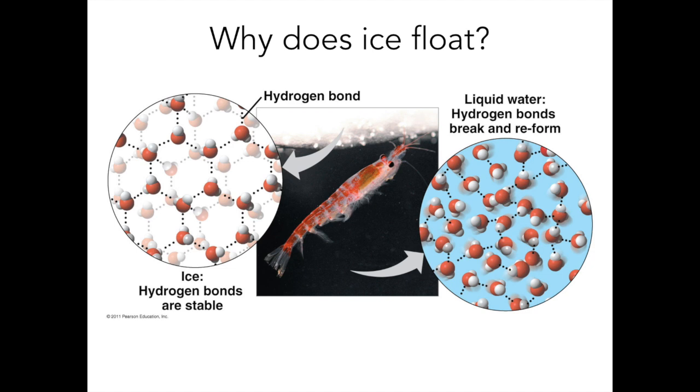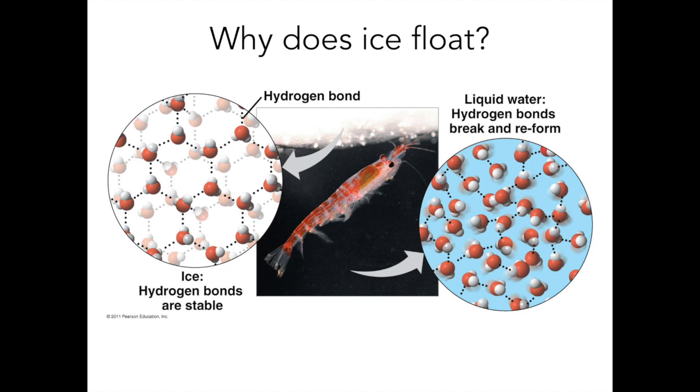As you can see with this shrimp here, if water froze and then sank, it means that in the winter, a body of water would freeze from the bottom up. And living things would have a hard time living in that frozen water. Whereas this shrimp, as you can see here, gets to live under the ice.